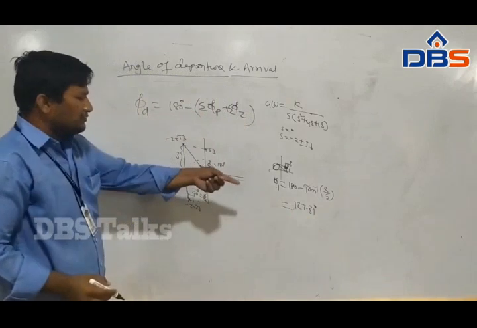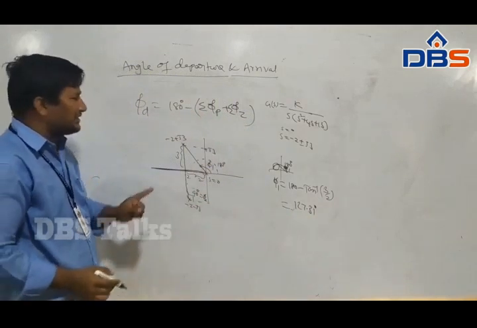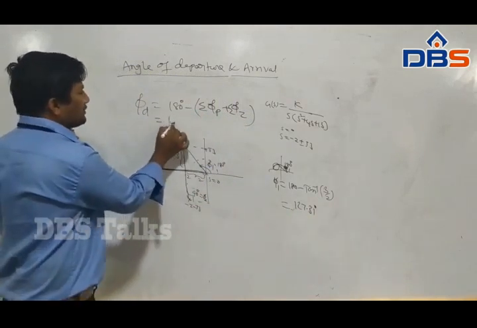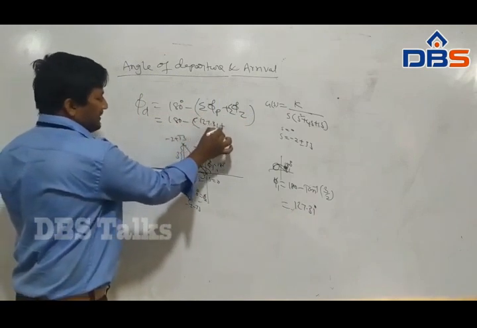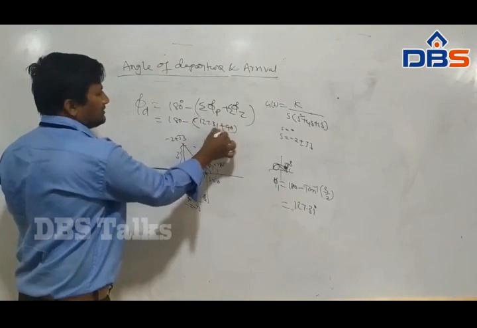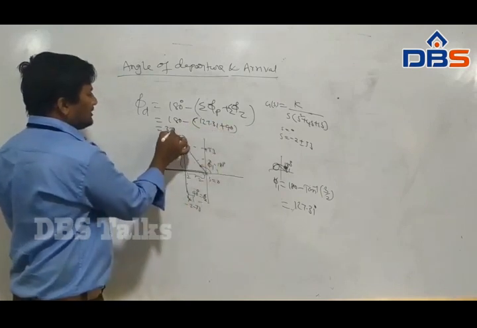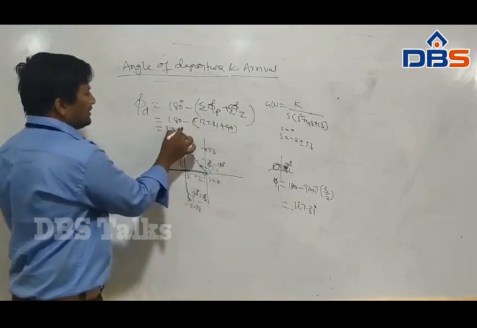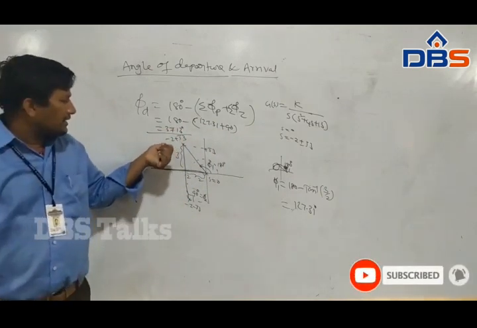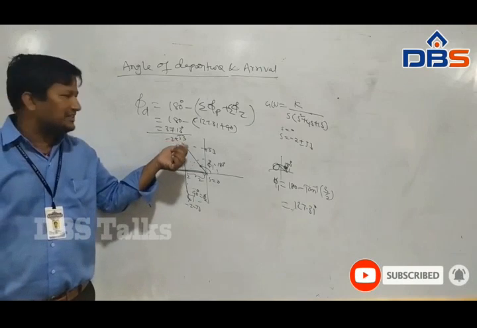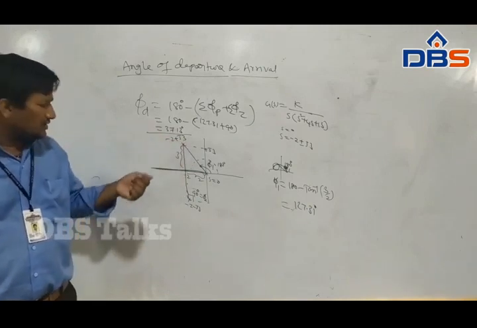Now phi 1 is 127.31 and phi 2 is 90 degrees. Therefore the angle of departure is 180 degrees minus (127.31 plus 90 degrees), which is around 37.13 degrees. So the angle of departure according to minus 2 plus j3 is 37 degrees.